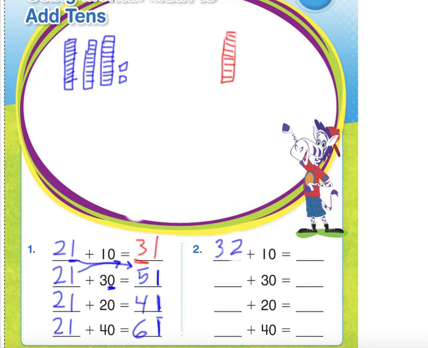Now that we have a little grasp over this idea, let's try doing this other side with a different number. So, now that we understand the concept a little bit better, we're actually going to move a little bit faster. If it's going too fast, you can just pause the video by hitting the spacebar on your keyboard. Okay? If not, great. And we're just going to jump right into it. So, with this, it's 32 plus 10.